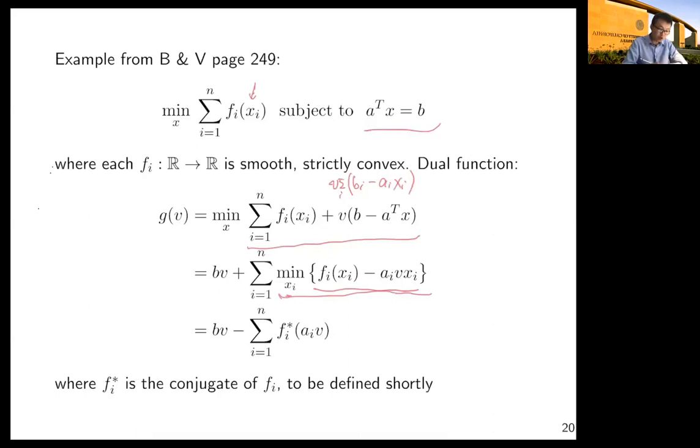If we know the conjugate of this f_i function, we get f_i star, and we substitute these arguments into the Fenchel conjugate, and that gives us the dual objective function to maximize.